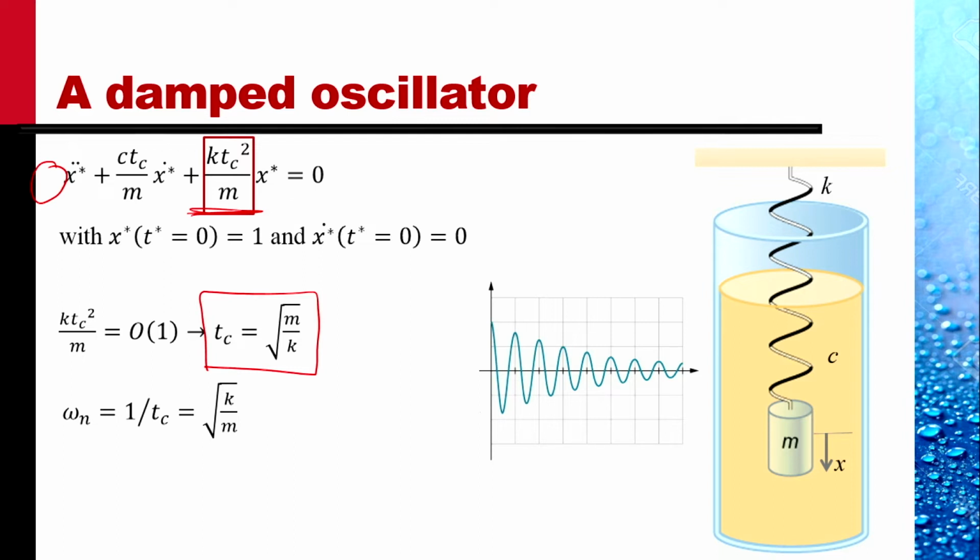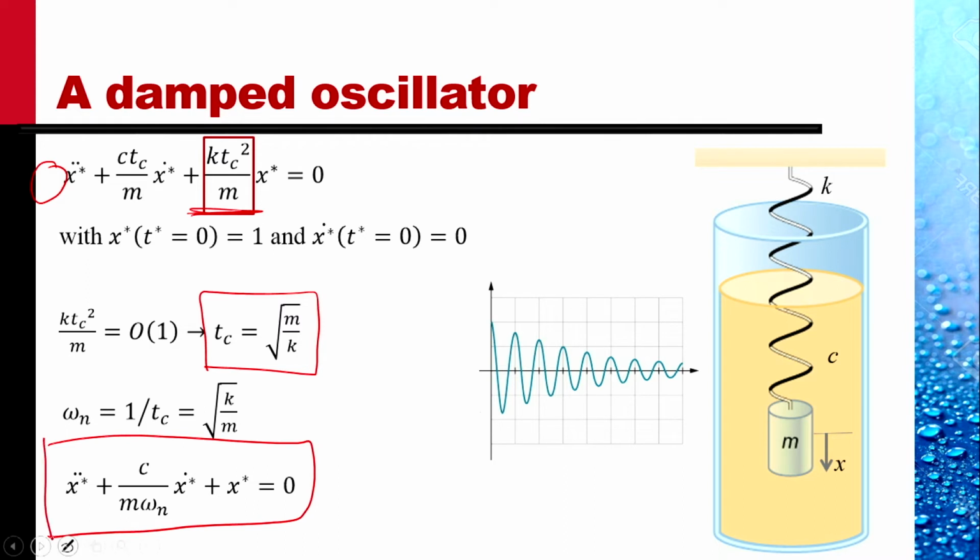This at times is called the resonant frequency of an undamped oscillator of mass m with a spring constant k. From high school physics, you must recognize the resonant frequency. So in terms of omega n, the equation now reduces to this.